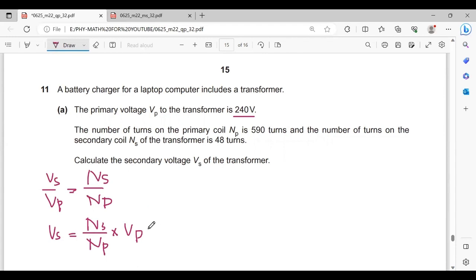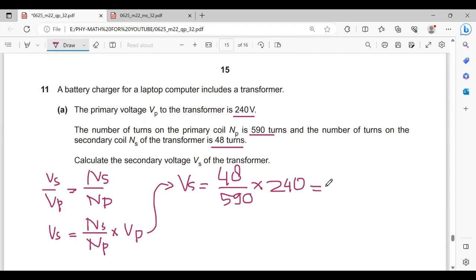Okay, so it means Vs equals Ns, which is 48, over Np, which is 590, times Vp, this one, 240.